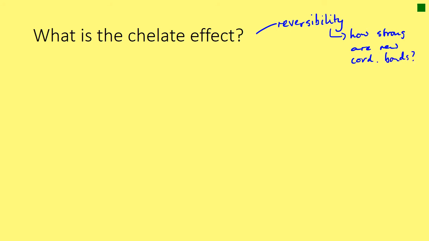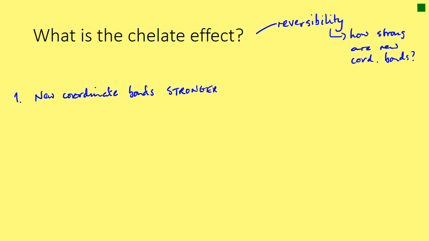Right, before we go into the chelate effect, let's consider an example where the new coordinate bonds are much stronger than the ones they replaced, in which case this reversibility is less likely to happen. Okay, so we're going to consider new coordinate bonds stronger first.